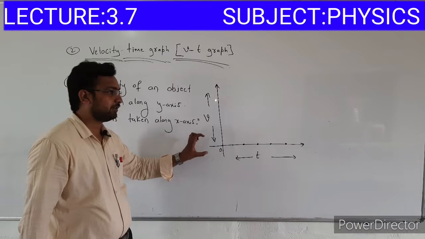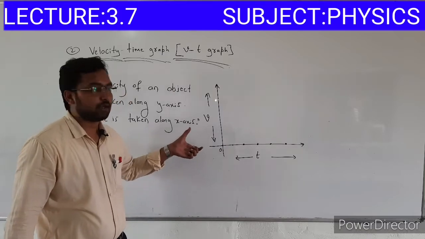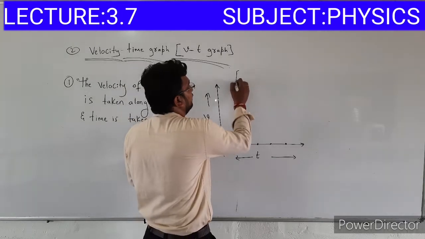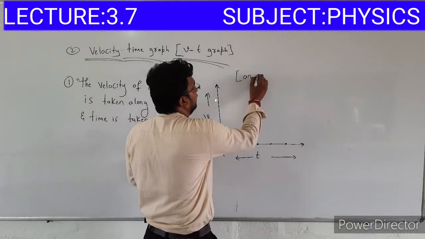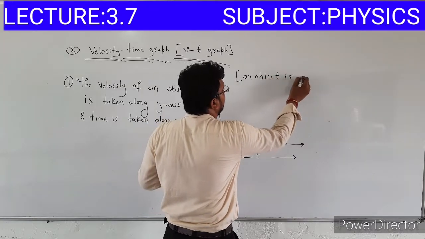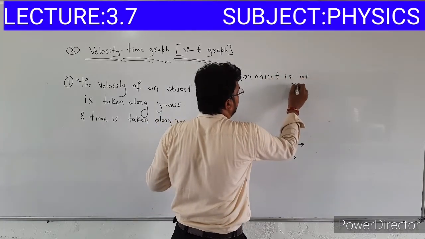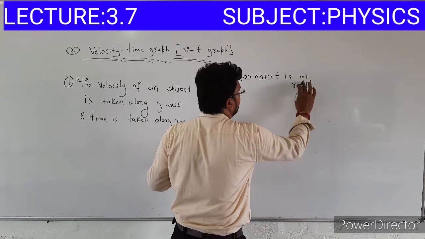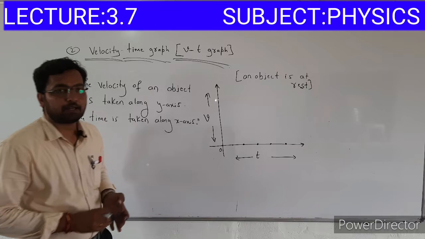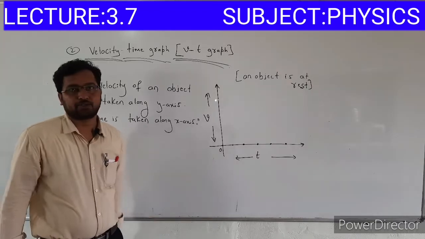So this graph denotes an object at rest. This is the velocity time graph for an object at rest.